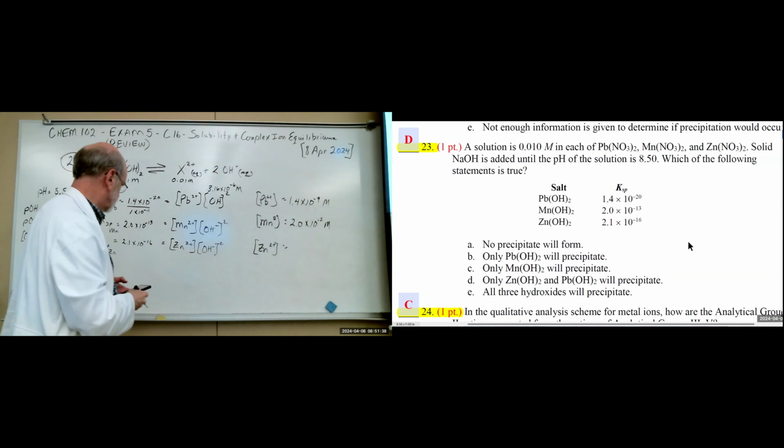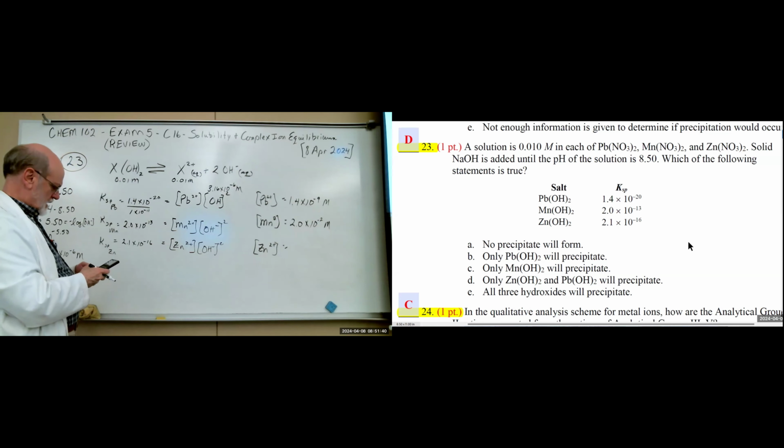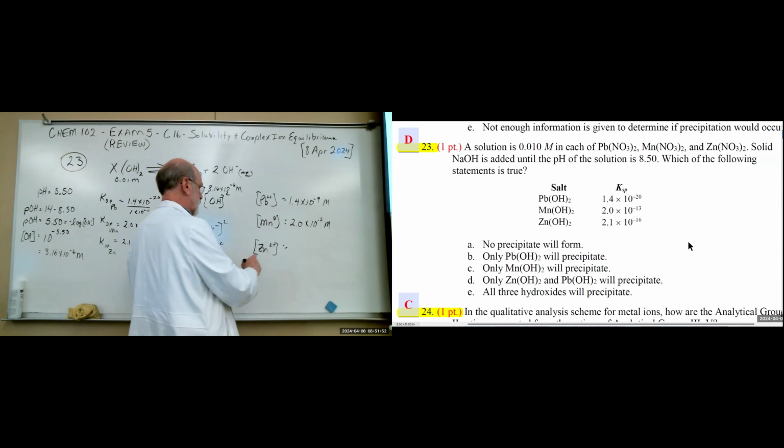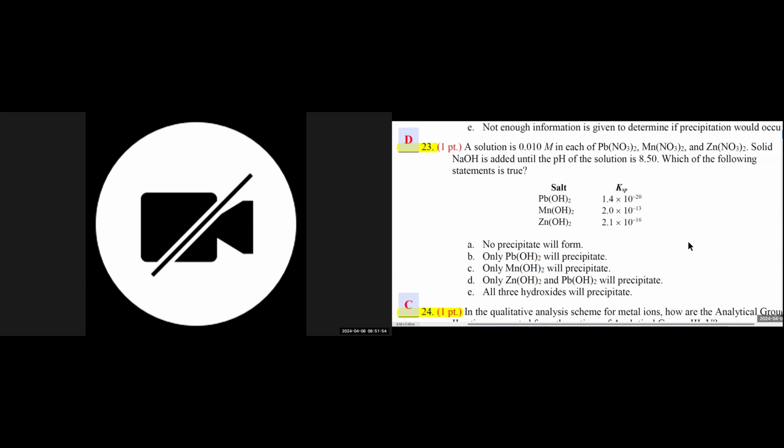And then the last one, 2.1 exponent 16, sign, flip it, divide. There we go. 2.1 times 10 to the minus 5.